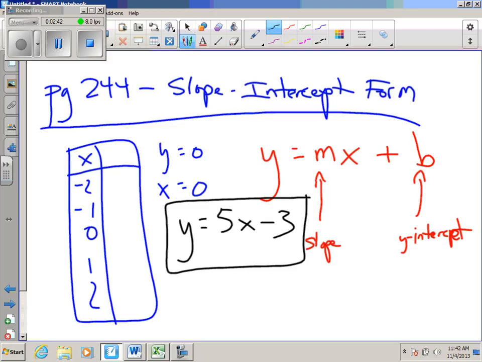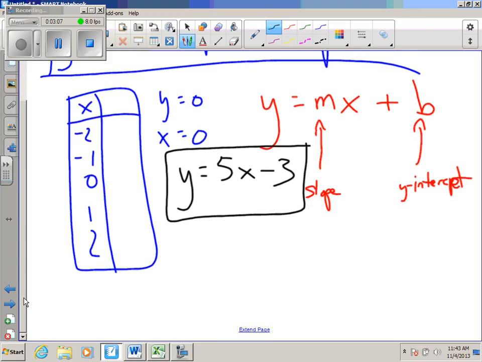Raven. 5 is your slope, which means a rise of 5 and a run of what? And then your y-intercept, Mark, -3. Very good. So your line will cross the y-axis at -3.